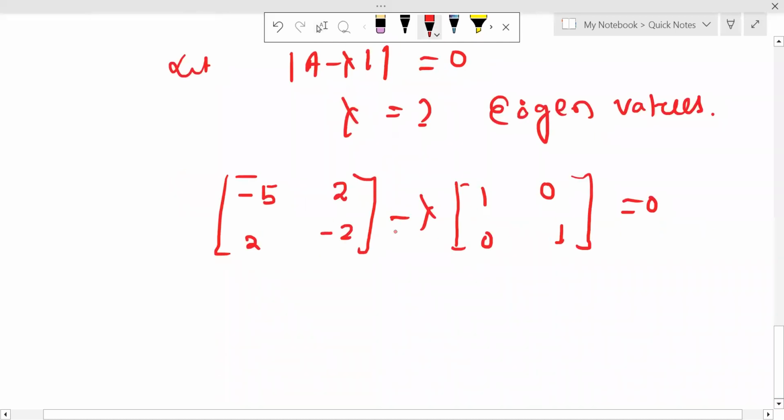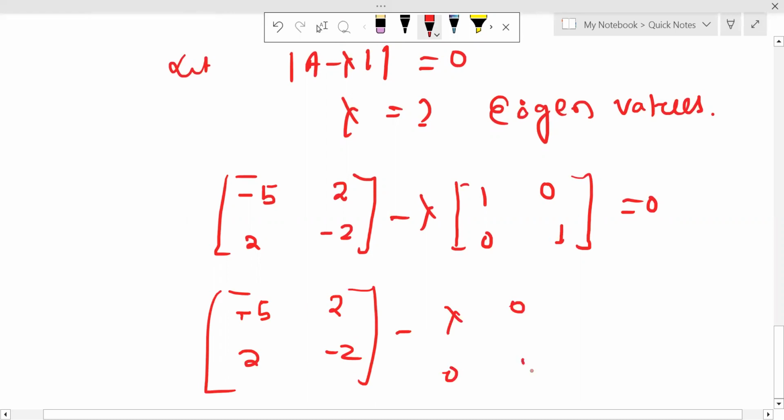You can multiply this lambda value here: -5, 2, 2, -2, minus lambda 0 0 lambda.